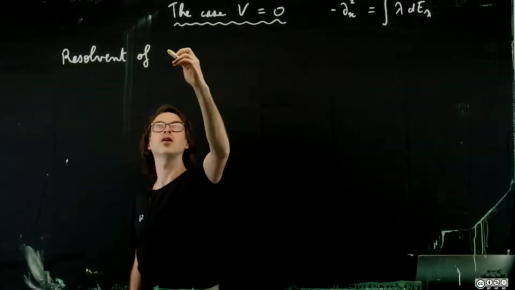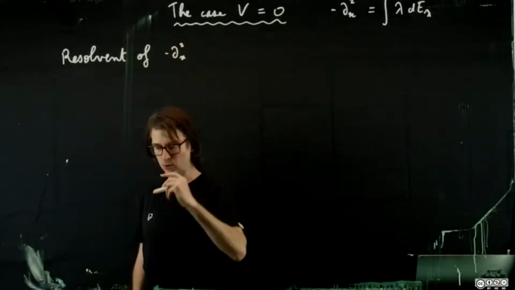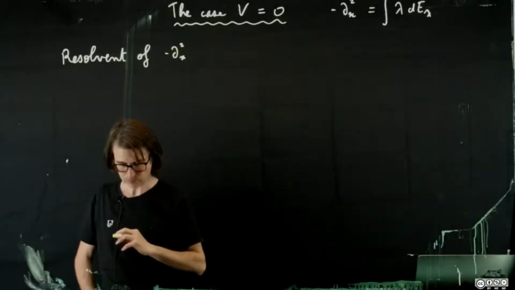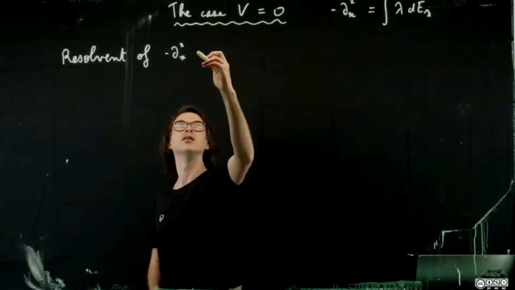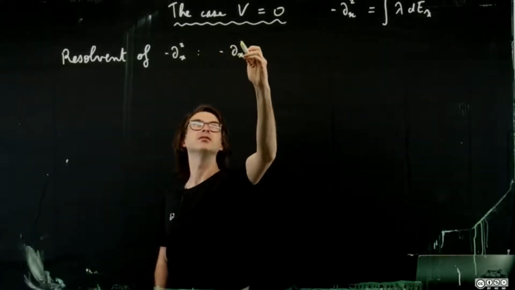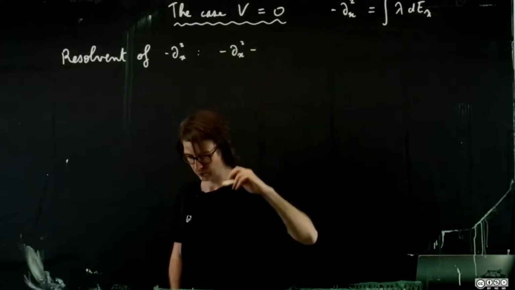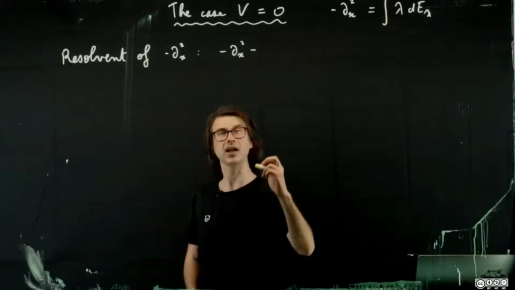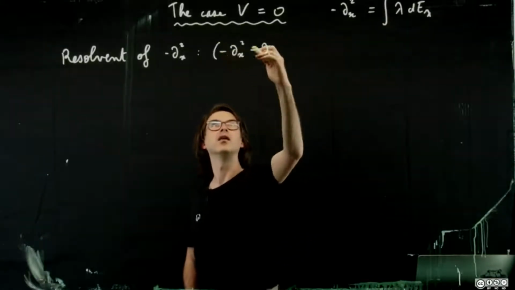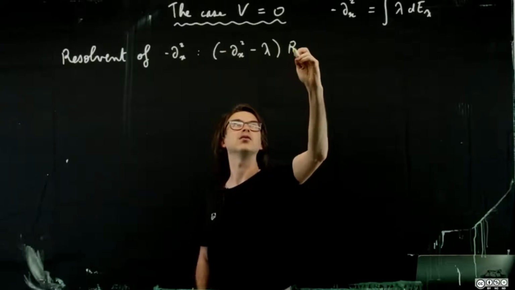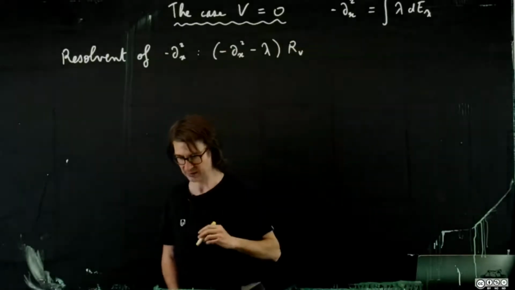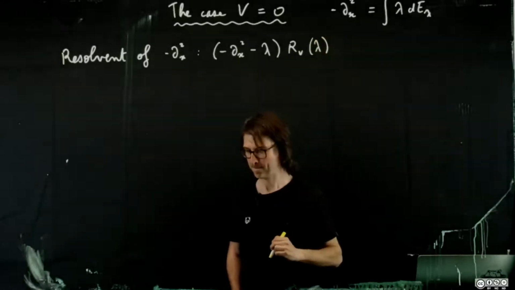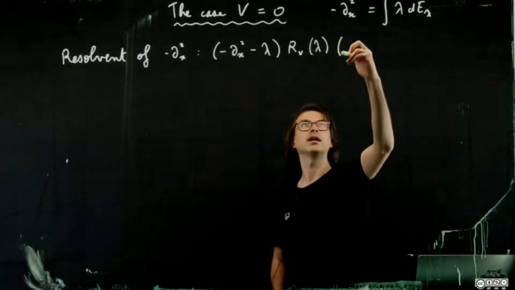To apply Stone's formula, we need to write the resolvent of minus dx squared. So what is this resolvent doing? It's doing minus dx squared minus lambda applied to the resolvent at frequency lambda of xy.